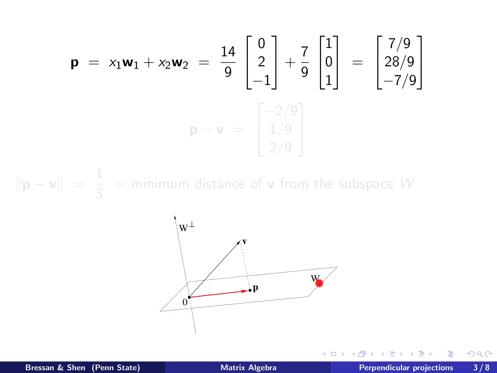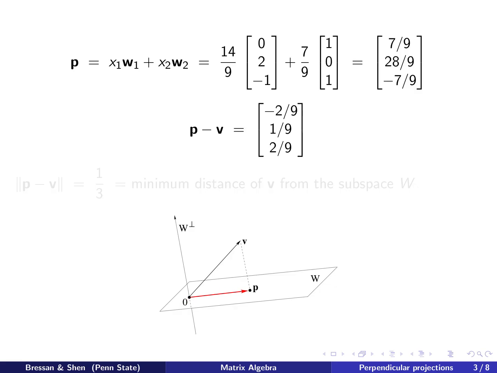It's in W. It is a kind of shadow of this vector V in this perpendicular direction. Now this P is x1 W1 plus x2 W2. We know all of these, so we put them in, work out the scalar multiplication and the summation, and you get this vector. Again, recall this is vector P.